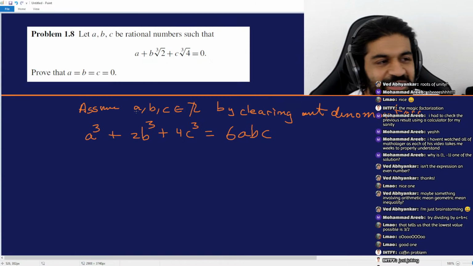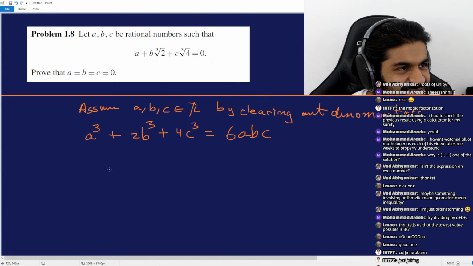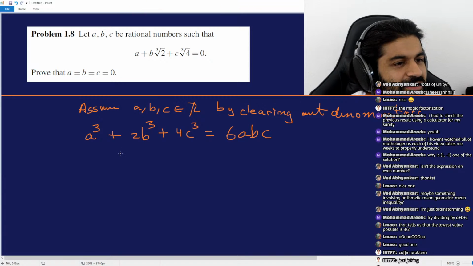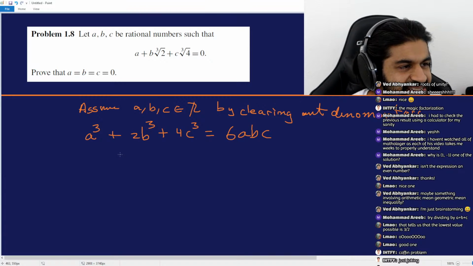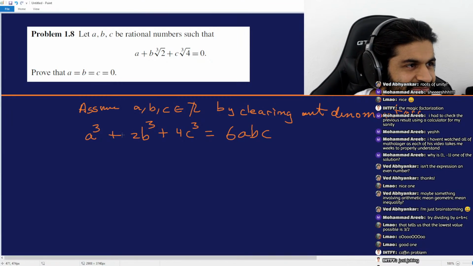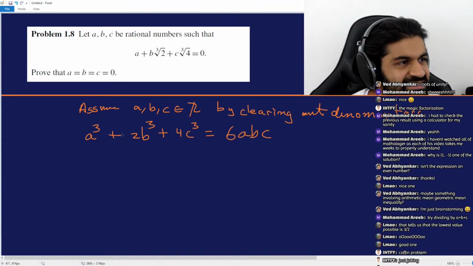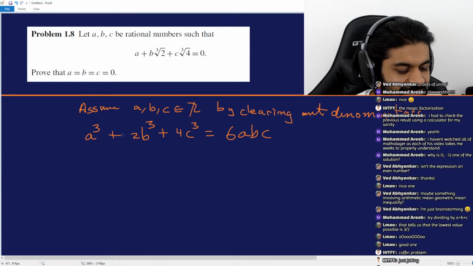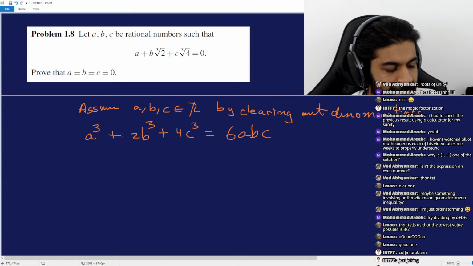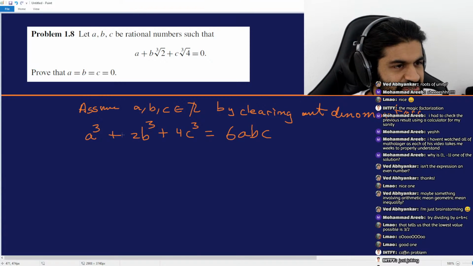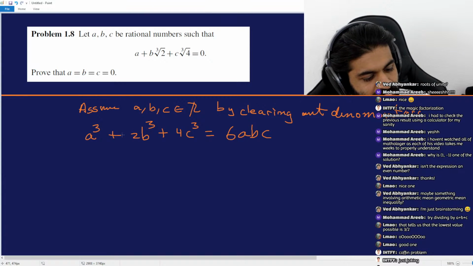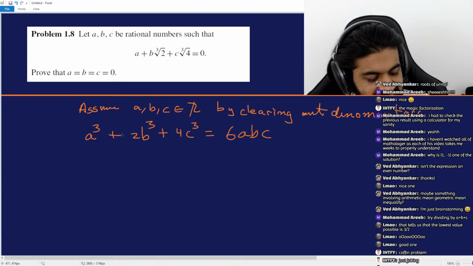Maybe there's a good parity argument here to be made. I'm not sure. Let me think. You want to show that the only way this equation could hold is if a, b, and c are equal to 0. Not sure. What do I do here?